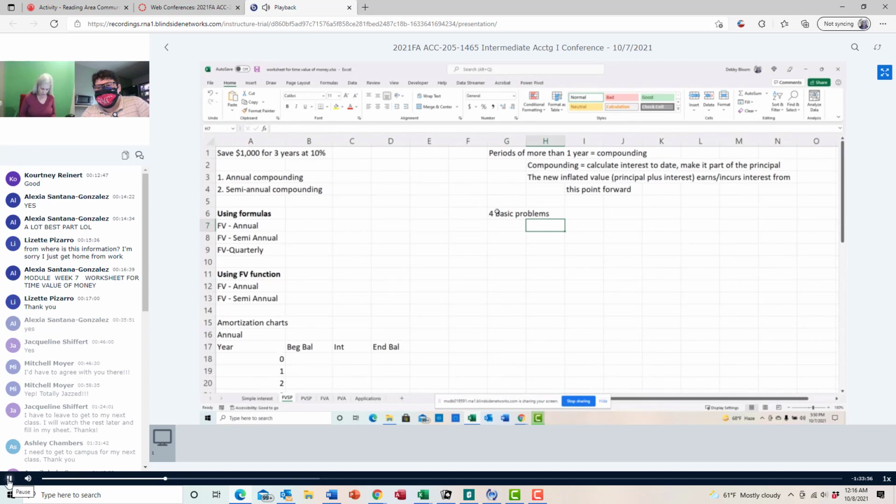There is the future value of a single payment. There's the present value of a single payment. There's the future value of an annuity, and I will explain all these terms as we go through. And present value of an annuity.